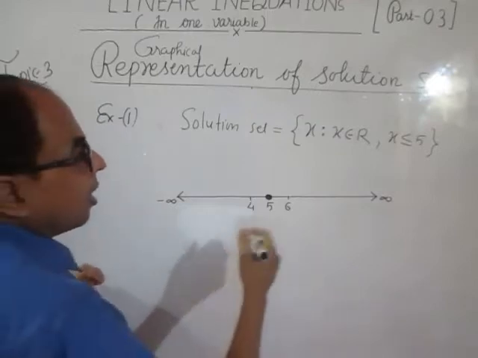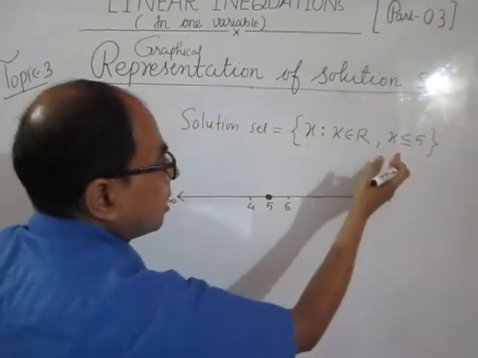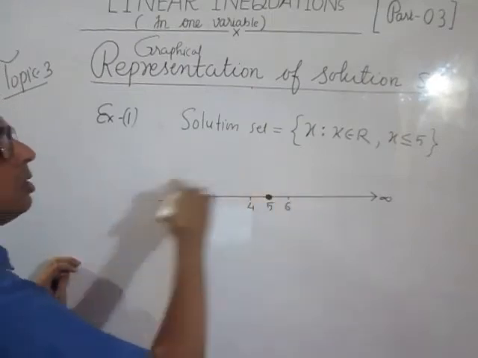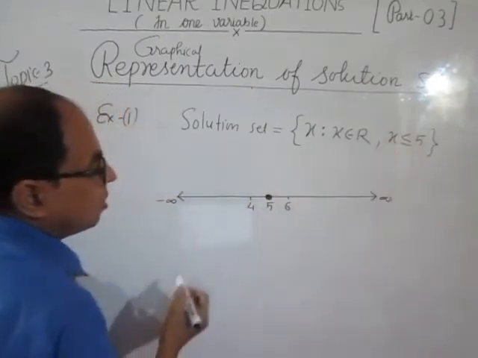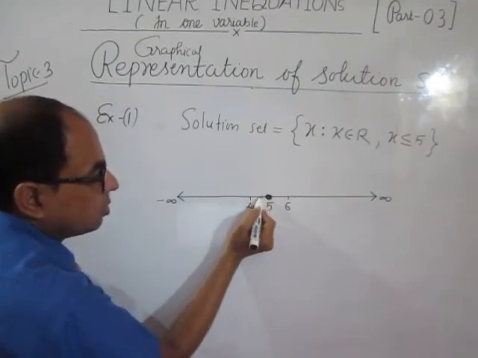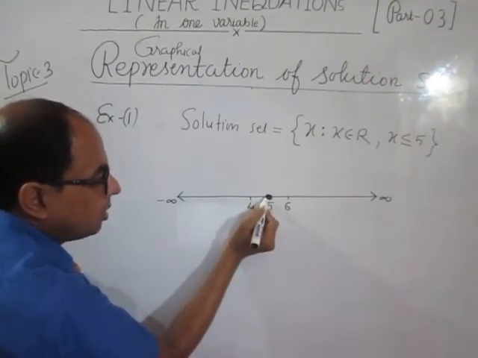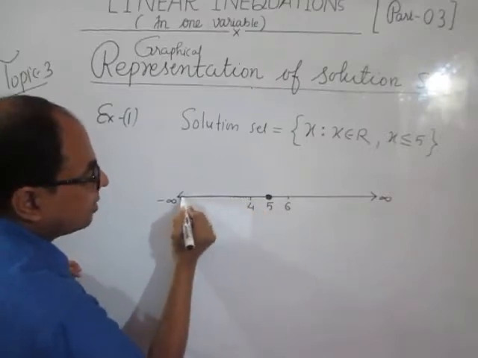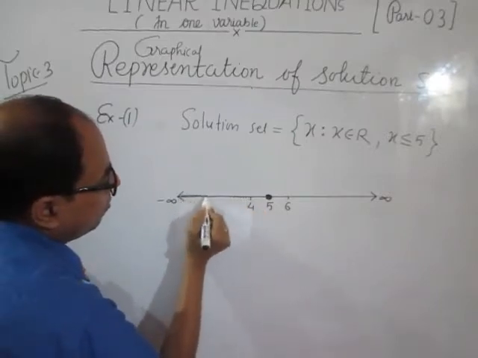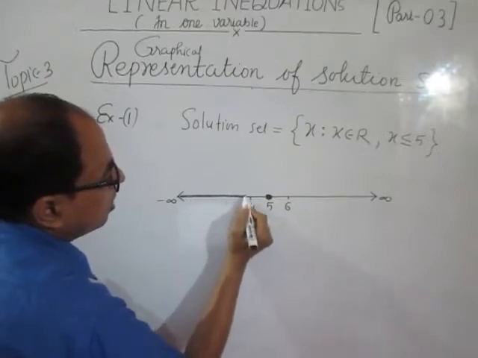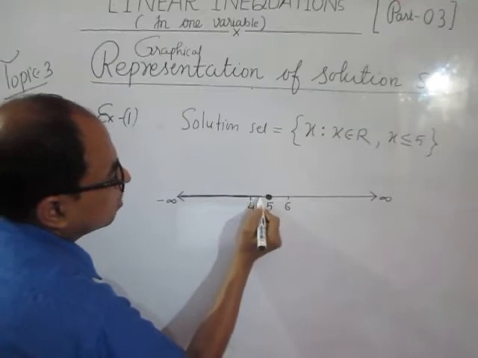Now x is less than or equal to 5, that means we have to plot here all the real numbers which are less than 5. So of course this will be the solution. If I join all the points, you will get a straight line. So dark it, and don't forget to dark it, otherwise how can the examiner know that this is the solution. So dark it.